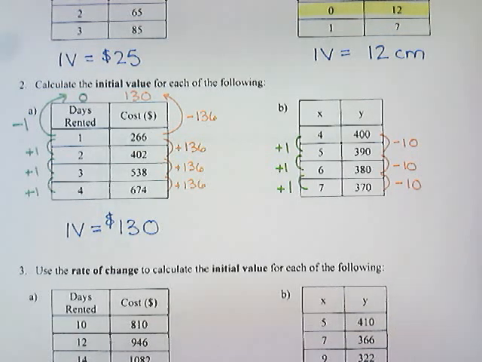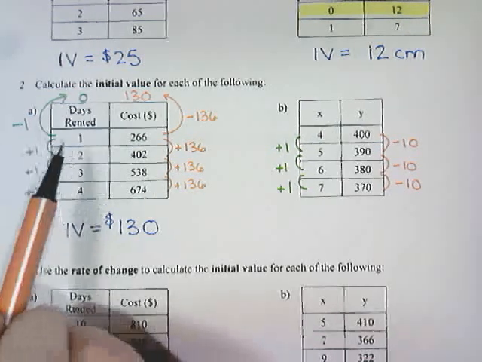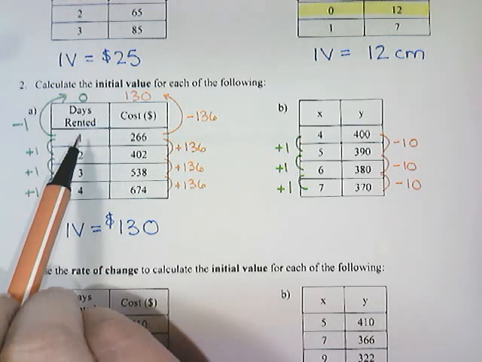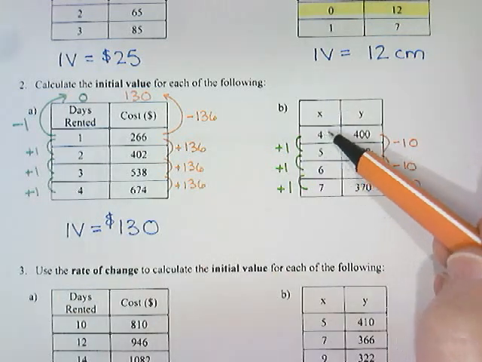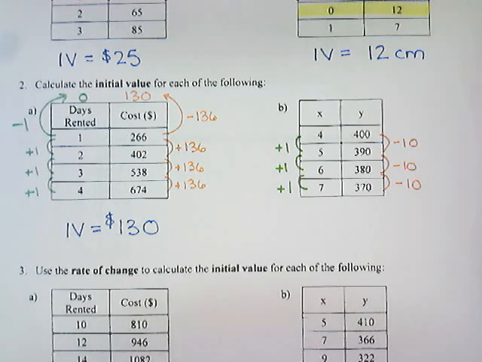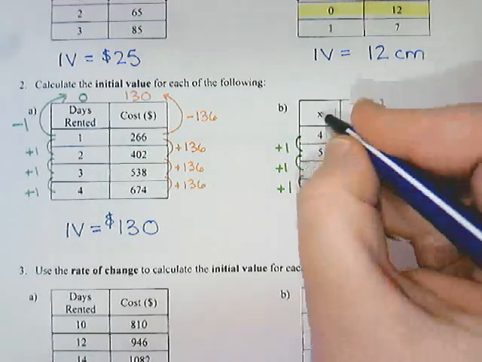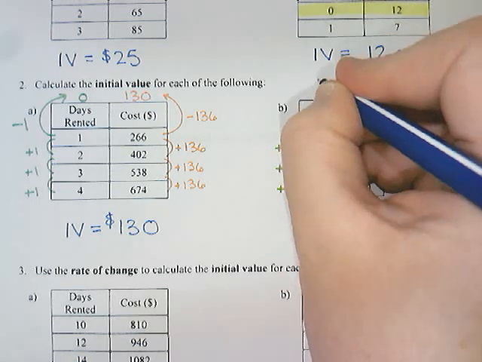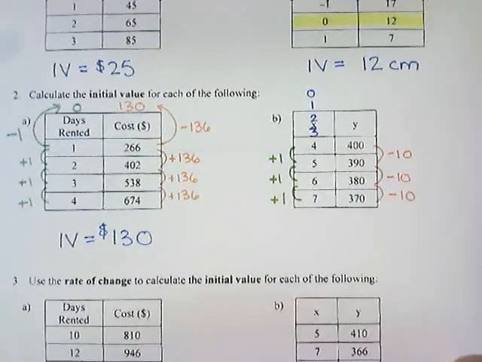So I want to work backwards to term 0. In this one, term 0 is just the one before day 1. Here, 0 is not the one in front of 4. There's actually several other numbers. So I'd have 3, then 2, then 1, and then 0.